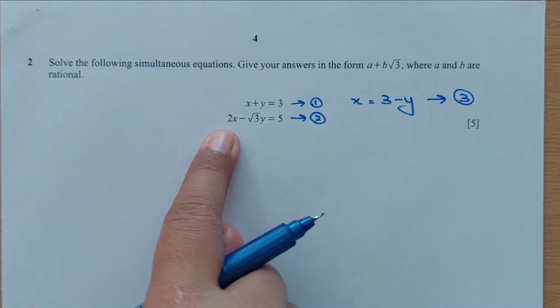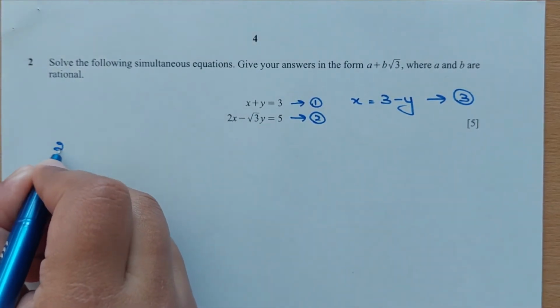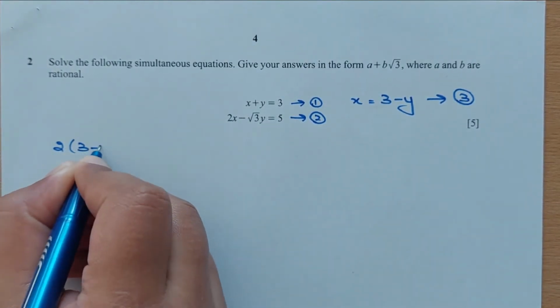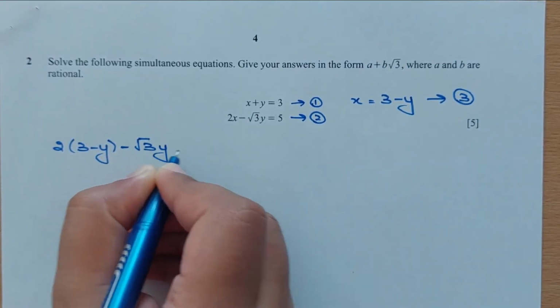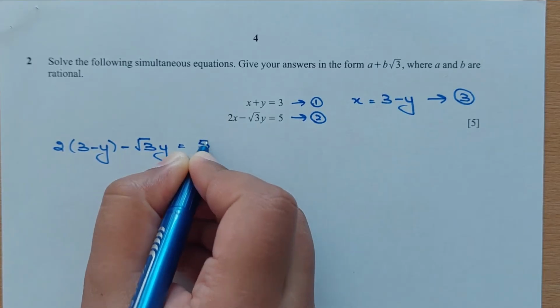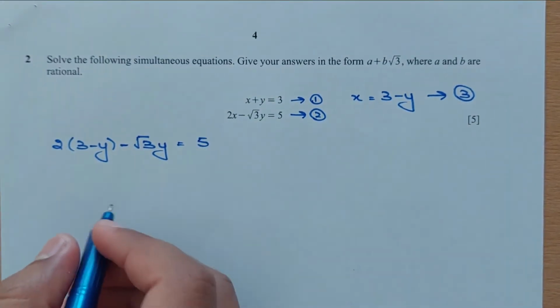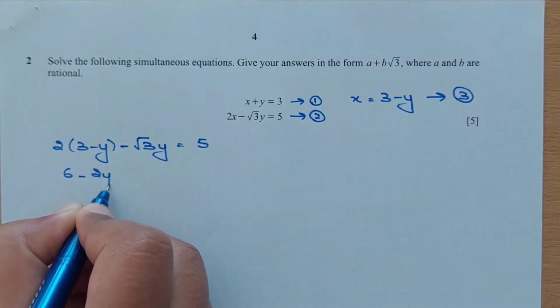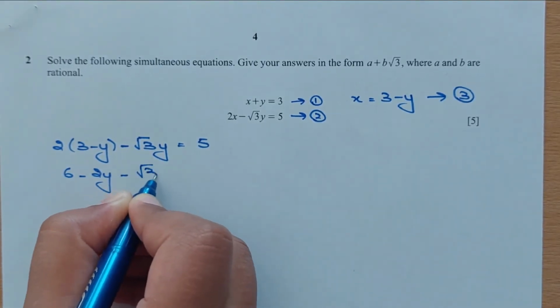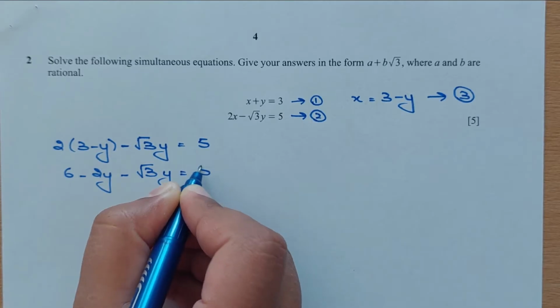Substituting that value of x into my second equation: 2 times x, that is 3 minus y, minus square root of 3 y equals 5, right? Now 2 times 3 is 6, minus 2y minus square root of 3 y equals 5.